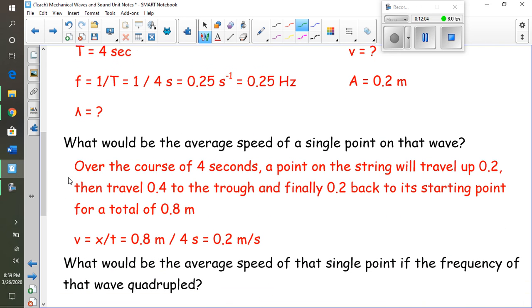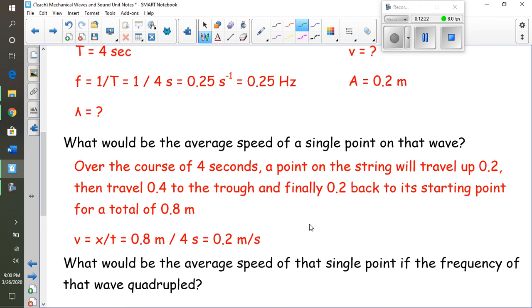So 0.8 meters divided by 4 seconds gives me 0.2 meters per second. So the average speed of a single point on that wave is 0.2 meters per second.